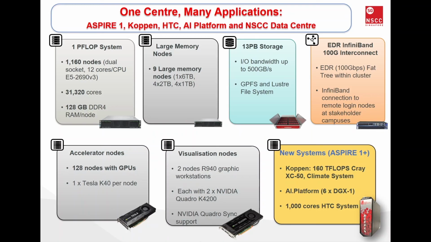The overall throughput of the Aspire 1 cluster is 1 petaflop, the exception being the AI servers or DGX servers. Without the AI or DGX servers, NSCC achieves 1 petaflop, which consists of 1160 compute nodes. As I said earlier, each compute node has 24 cores, dual socket, and physically 128 GB of memory per node.